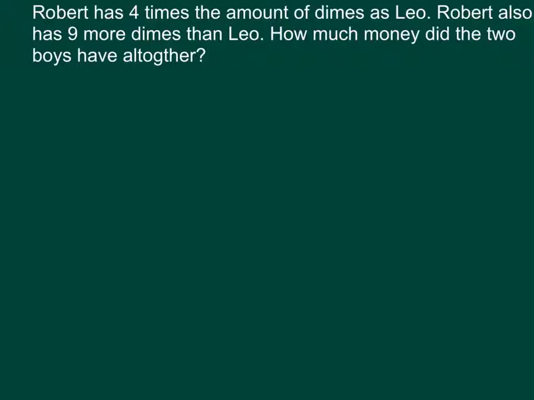So let's take what we know. What do we know about Robert? He has 4 times the amount of dimes as Leo. Do we know how many dimes Leo has? No, but that's okay. So what we're going to do is say R stands for Robert, equals or has 4 times the amount of dimes that Leo has.